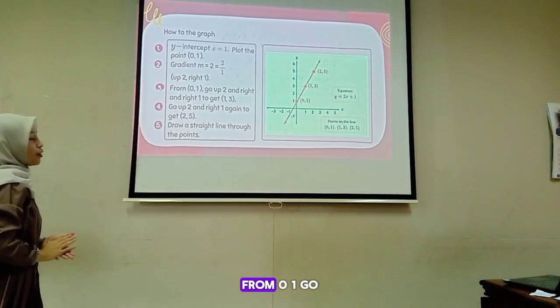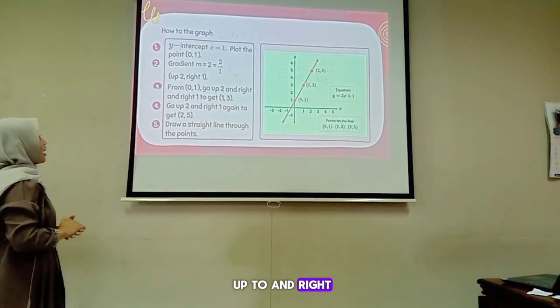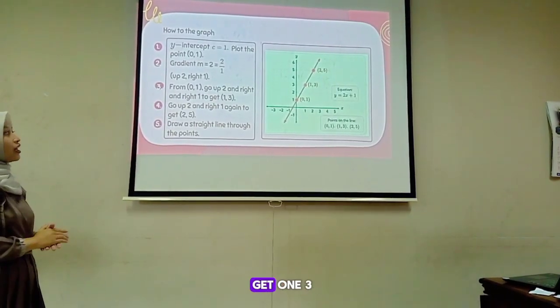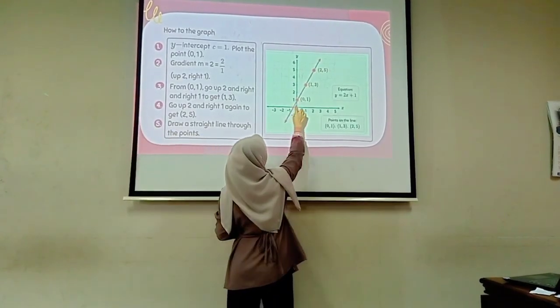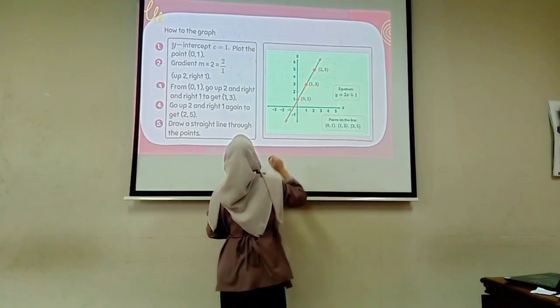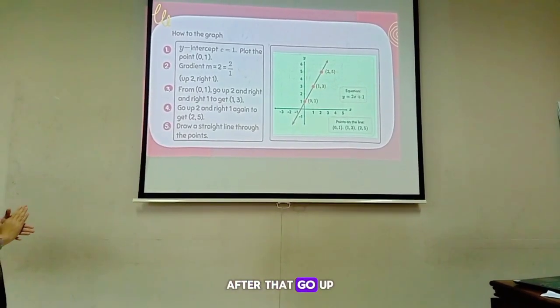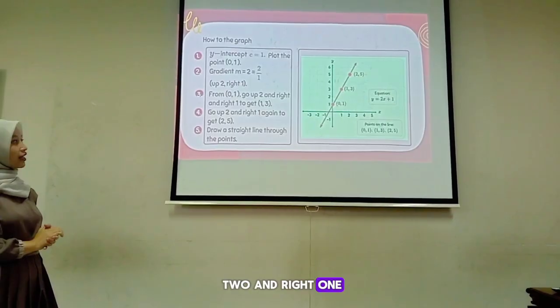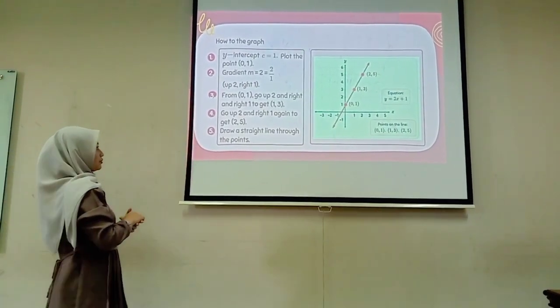After that, from 0, 1 go up 2 and right 1 to get 1, 3. After that, go up 2 and right 1 again to get 2, 5.